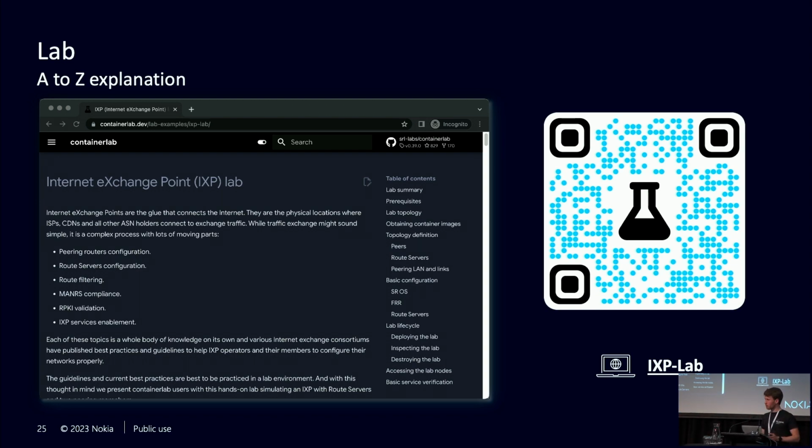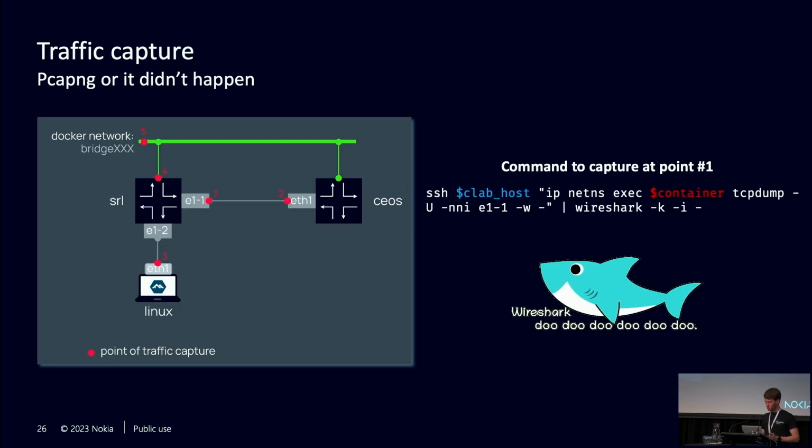As I was saying, I'm only scratching the surface here for the sake of time. But just know that you can also do traffic capture with Containerlab. You can use Wireshark. Since those containers are deployed in a Linux environment, you can leverage those interfaces in each network namespace to capture traffic successfully.